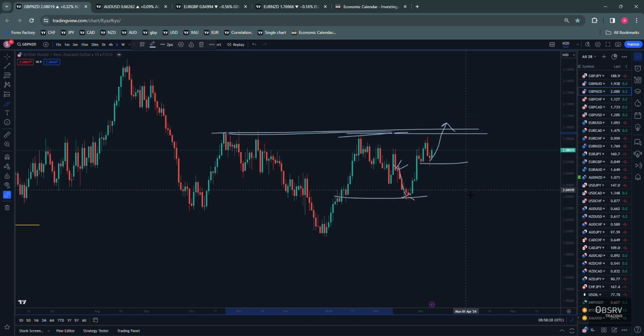Again, I'm not very interested in trading pound Kiwi because of how high the spread is. It's because we use very small stop losses, so we're generally not interested in trading pairs that have high spreads, right? But the recent momentum looks to be with the buys. It should come all the way up to here, if not higher.